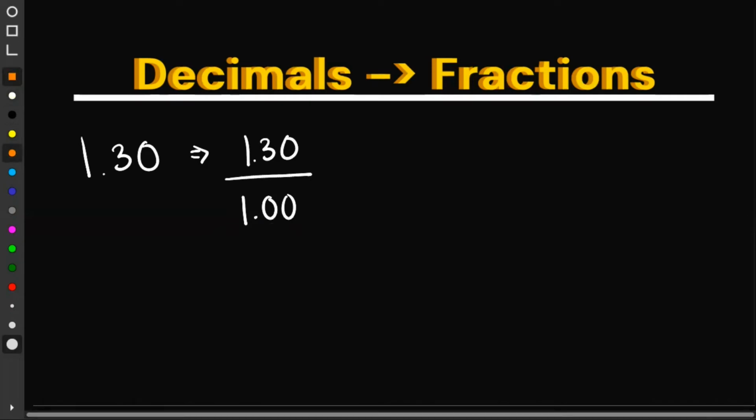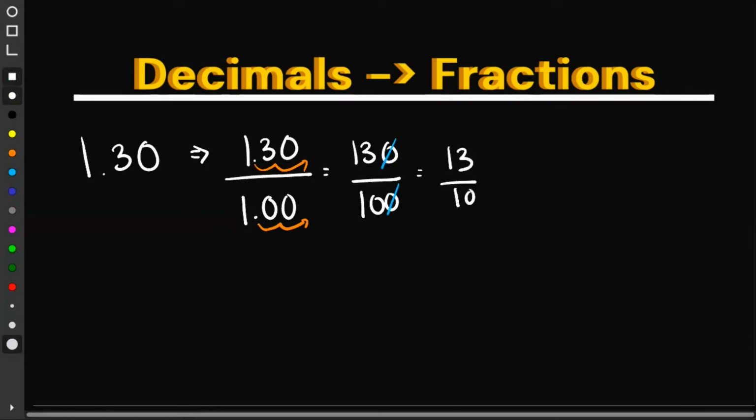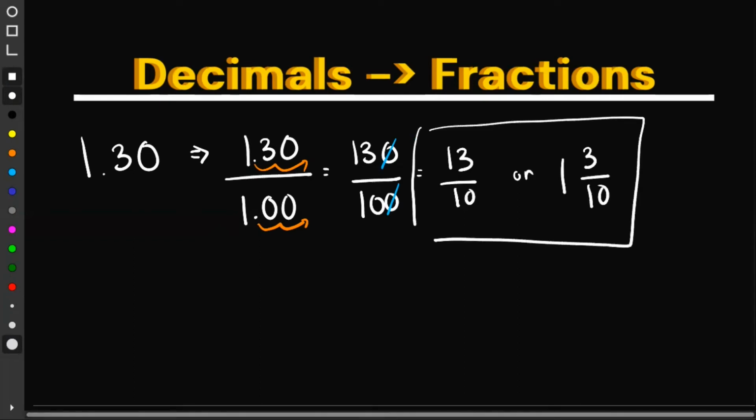So that when we move the decimal point, we would obtain 130 over 100. Canceling out the 0 would give us 13 over 10, or in mixed numbers, 1 and 3 over 10. So that is how we can convert decimals to fractions.